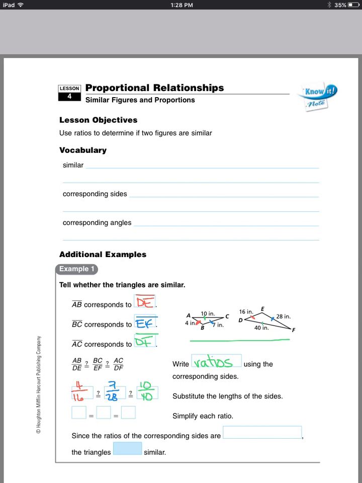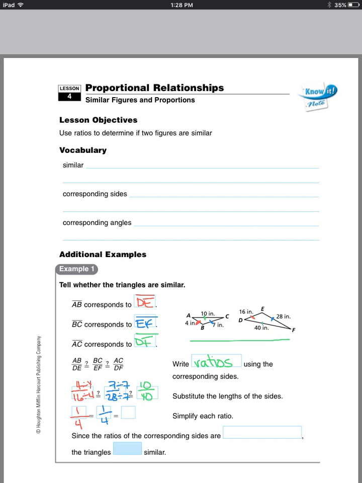Now we're going to simplify each ratio. 4 goes into 4 and 16, so we're going to divide each by 4. 4 divided by 4 is 1. 16 divided by 4 is 4. 7 and 28, both of those can be divisible by 7. 7 divided by 7 is 1. 28 divided by 7 is 4.